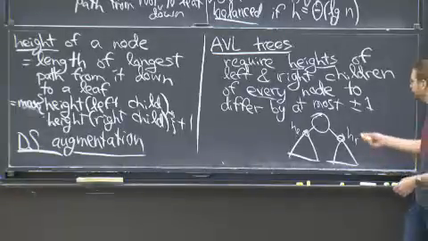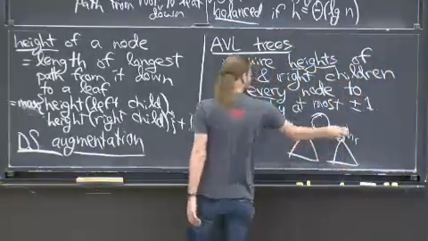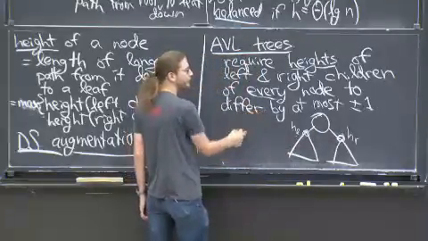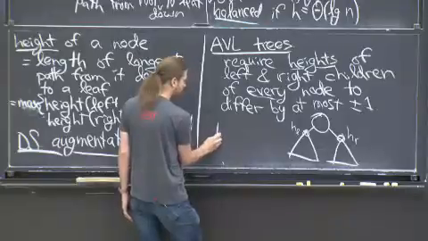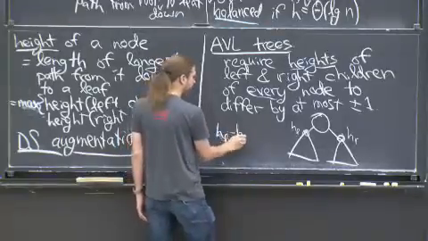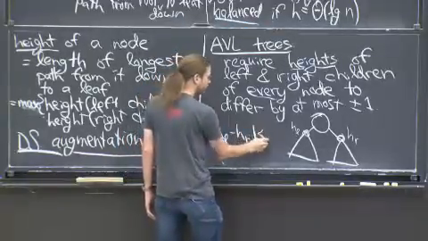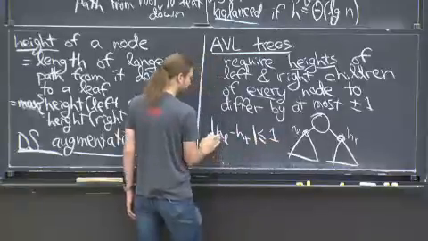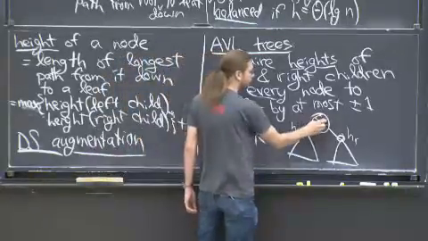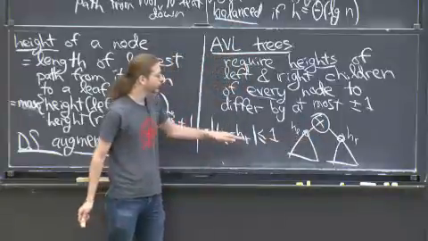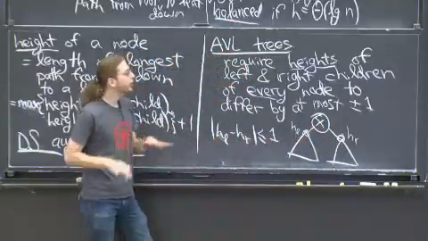And what we would like is that H_L and H_R are more or less the same. They differ by at most an additive 1. So if I look at H_L minus H_R in absolute value, this is at most 1 for every node x. For every node x, I want the left and right subtrees to be almost balanced.